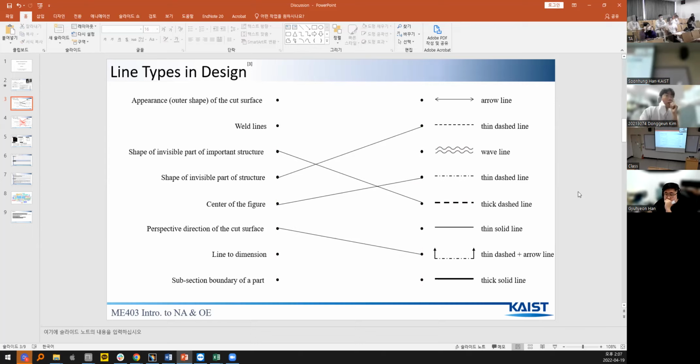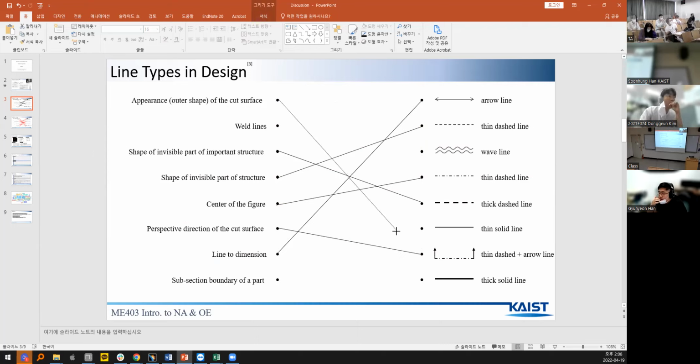I think the arrows are used for the dimensions. I'm not sure, but you usually write a number between the arrows. In my opinion, the appearance of the cut surface might be the thick solid line, the bottom one.